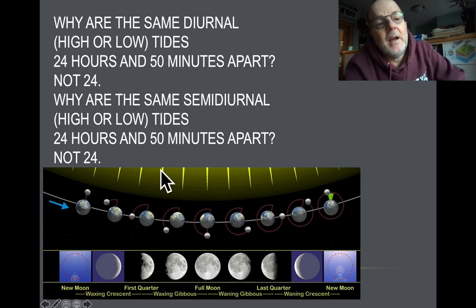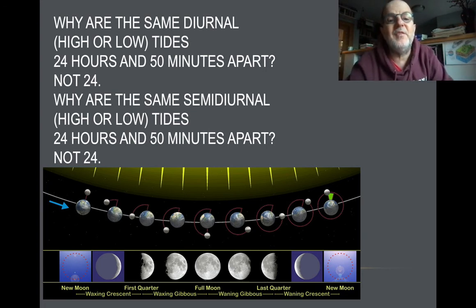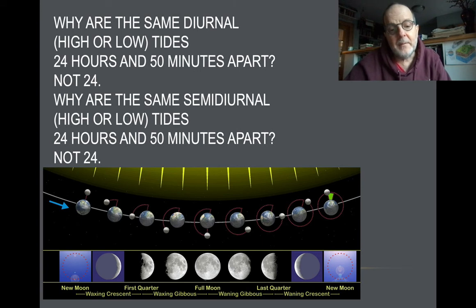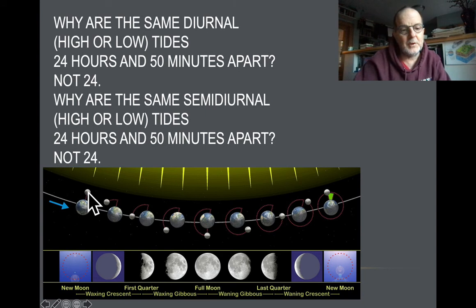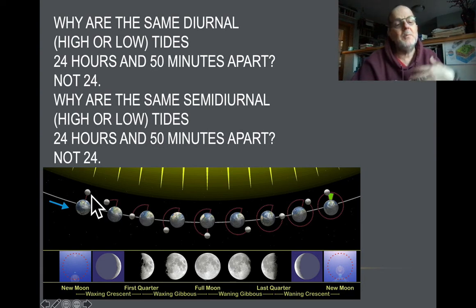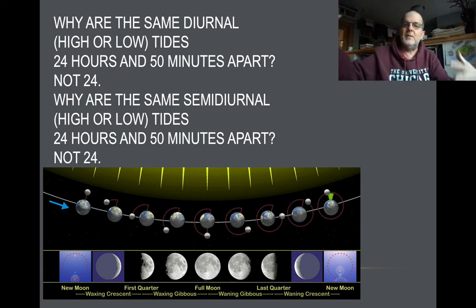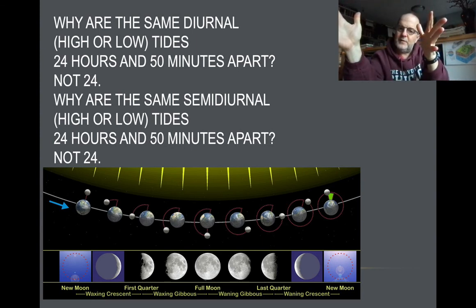Why are the same diurnal higher-low tides 24 hours and 50 minutes apart, not 24 hours? And it's the same question for semi-diurnal below. Well, it's because the moon is going around the Earth every day, moving from its position, say, in its new position, 13 degrees per day, which means that the high tide you have today, 24 hours from now, will be in a different position relative to time.